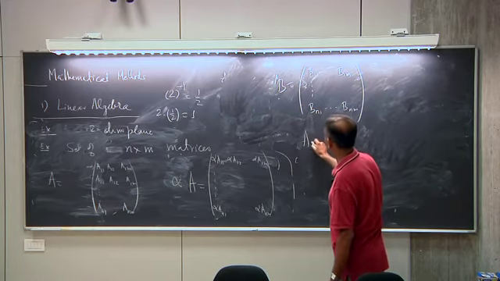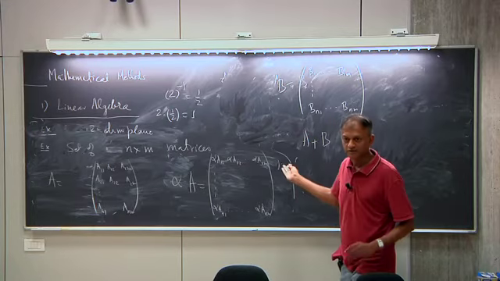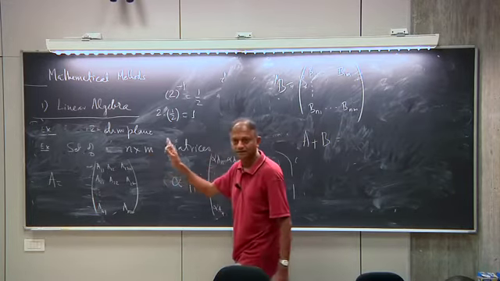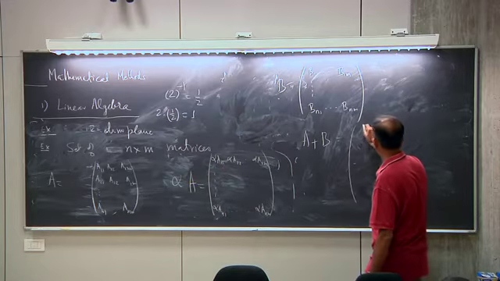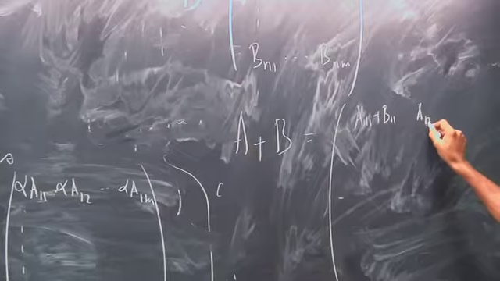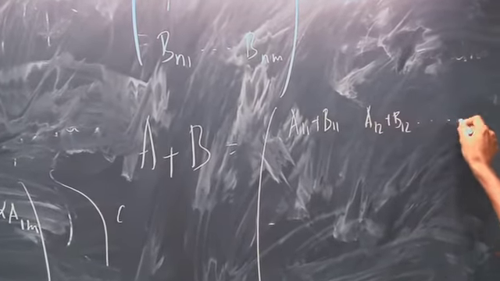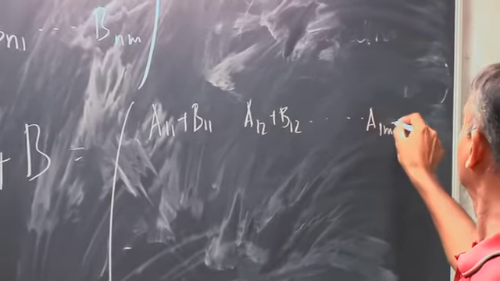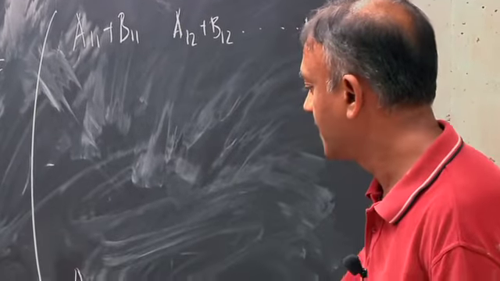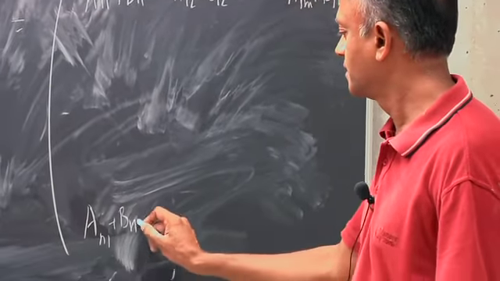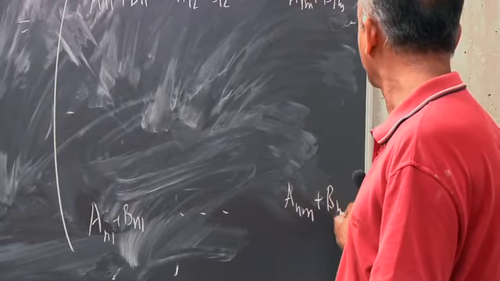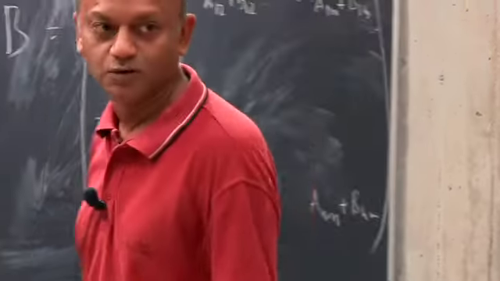Then I want to define what I mean by A plus B. Well, it is simply to take these components and add them up, right? So the first element is A11 plus B11. The second one is A12 plus B12, all the way up to A1m plus B1m. You just add them up, term by term. An1 plus Bn1, all the way up to Anm plus Bnm. Okay, so this is the rule of addition.